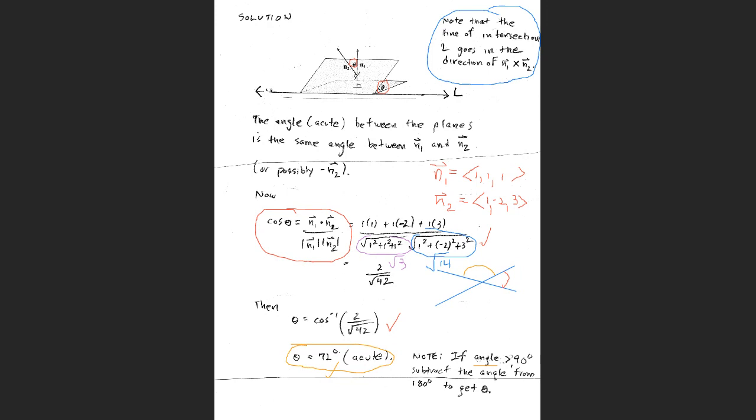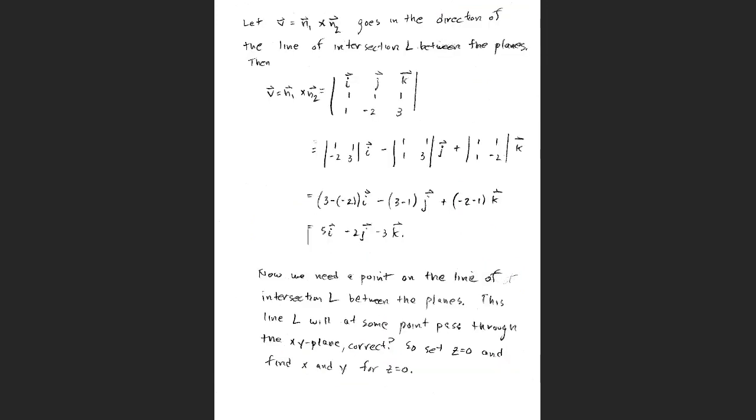And so the vector v, the direction vector for the line, will equal 5i minus 2j minus 3k. When I computed the cross product, I used the technique that the book teaches us, and of course I would want to see that in your exam work.